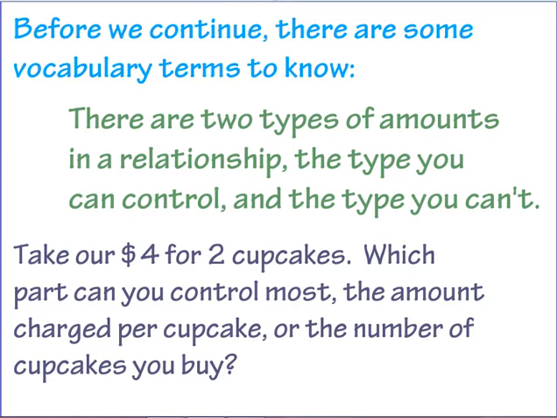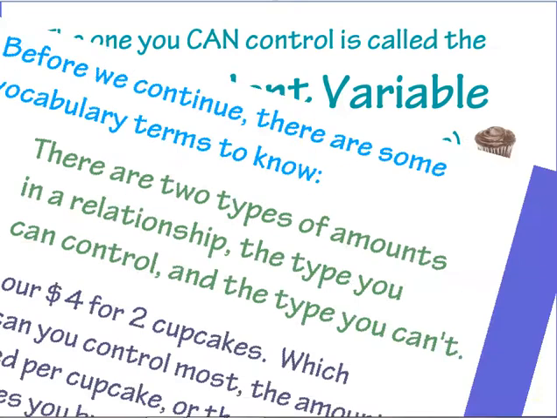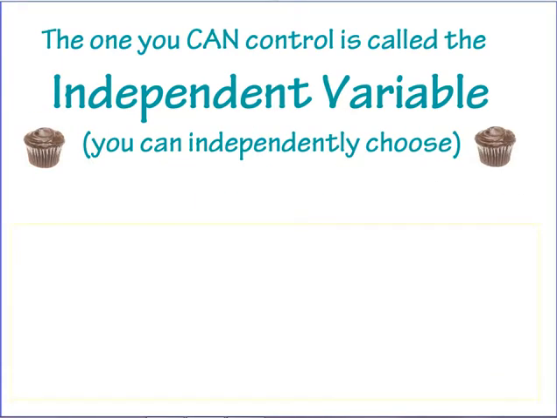The number of cupcakes I buy is really the only part that I can control. The store or whoever I am buying those cupcakes from controls the cost. The quantity you can control is called the independent variable. You get to independently choose how many cupcakes you buy.